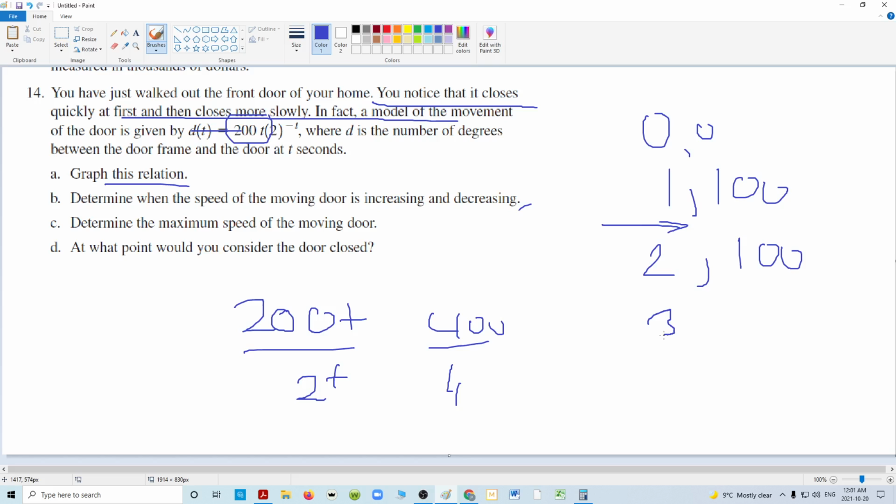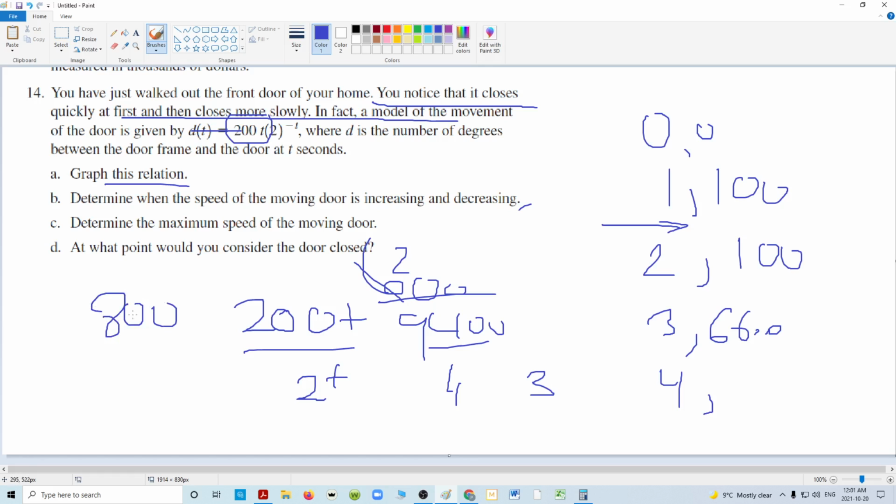And then at 3, we get 600 divided by 8. So that's 200 divided by 3... so we get 66.66. Sorry, at 3 it's not 9, it's 8, so 600 divided by 8.